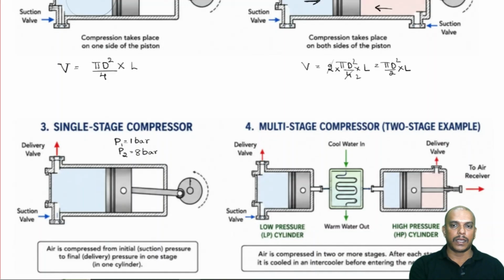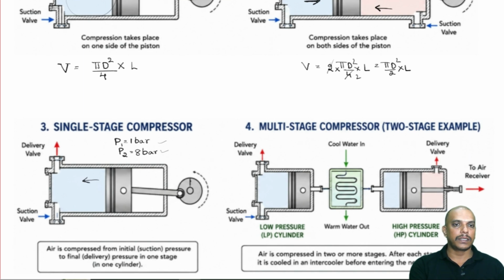So, we will have a bigger cylinder where we can bring up the pressure from 1 bar to 8 bar. I mean, we are compressing it, all right. Now, this can be done in one single stage having a single cylinder and a piston where air is compressed from initial pressure to delivery pressure in one stage.